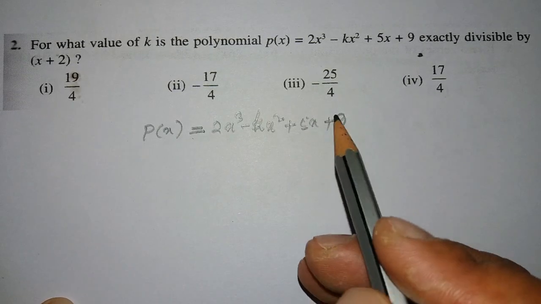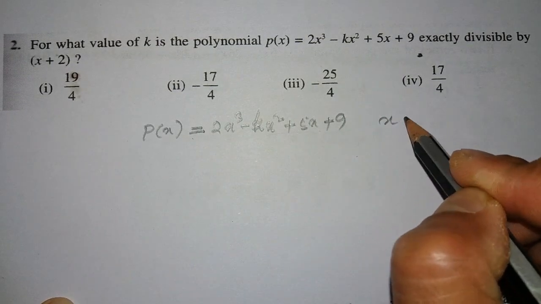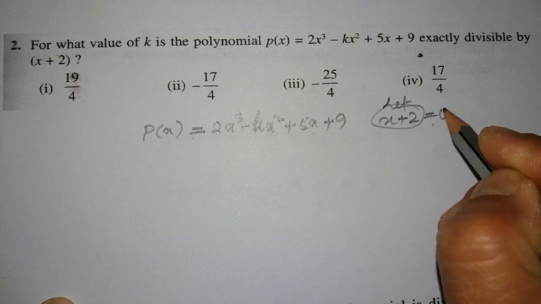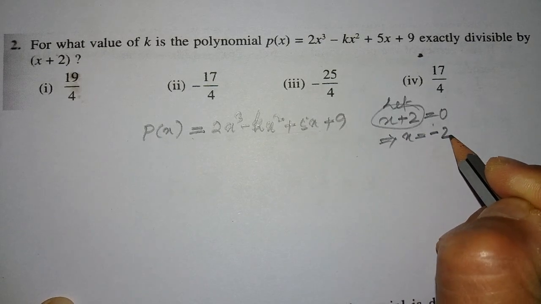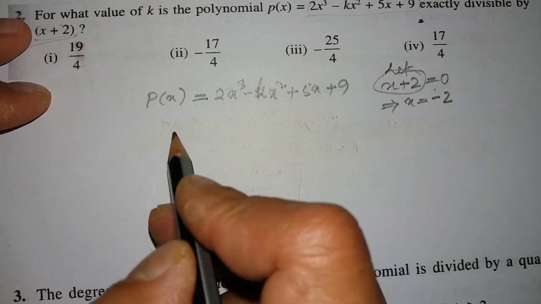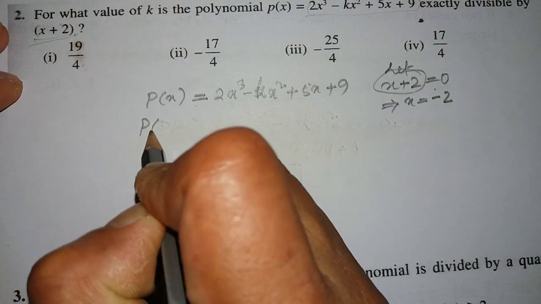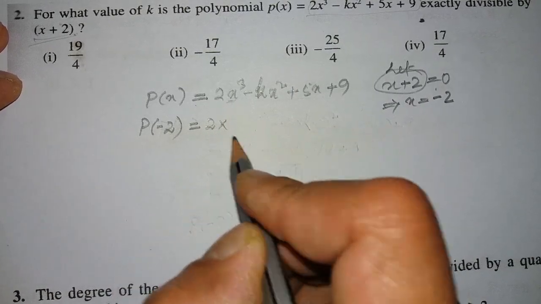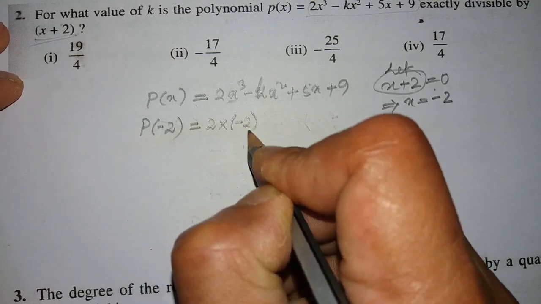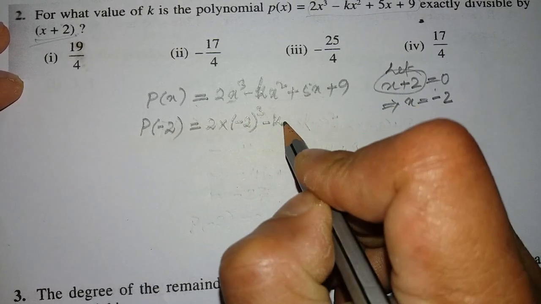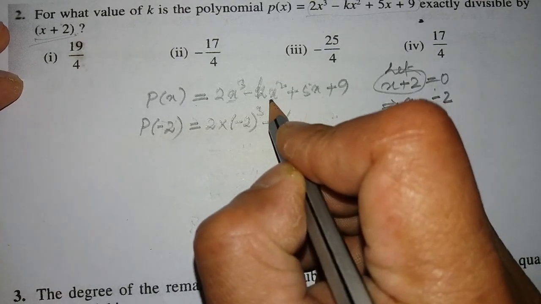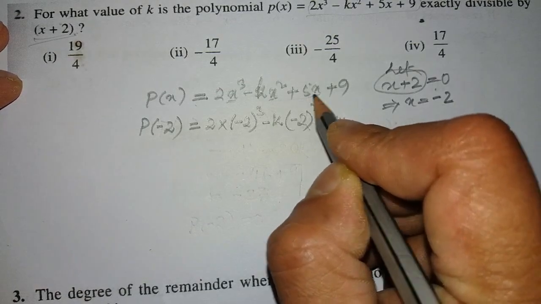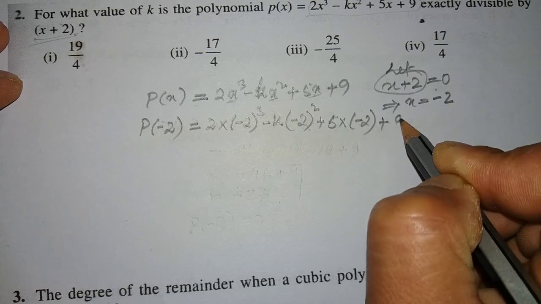Now if this polynomial is to be exactly divisible by x plus 2, then the remainder should be 0. If we say x plus 2 is equal to 0, then we get x equal to minus 2. So p(minus 2) equals 2 into minus 2 cube, minus k into minus 2 square, plus 5 into minus 2, plus 9.